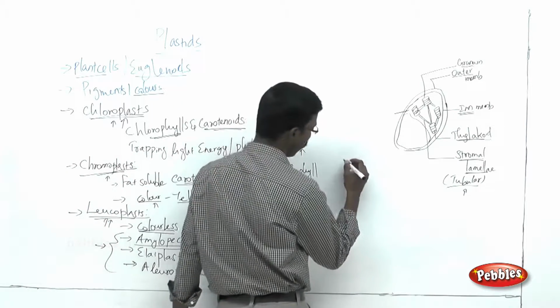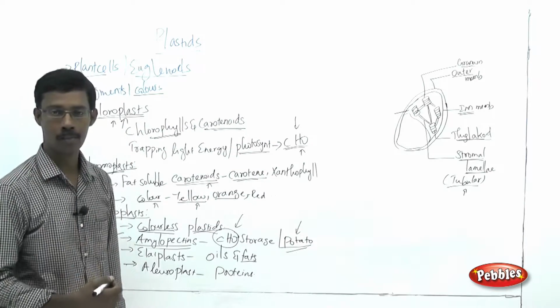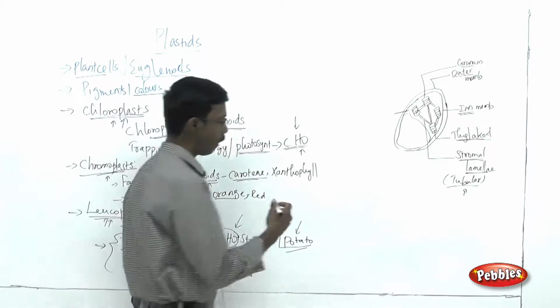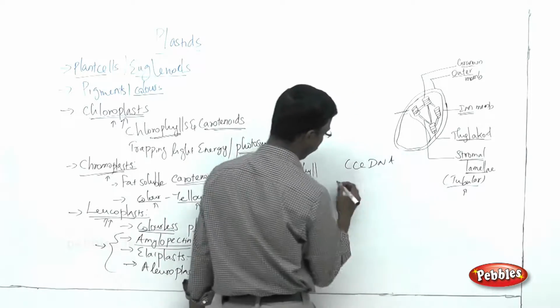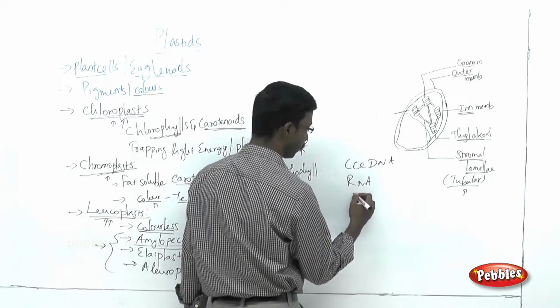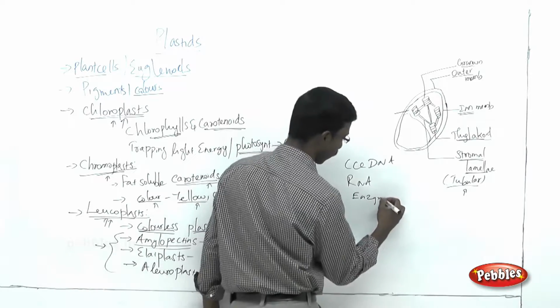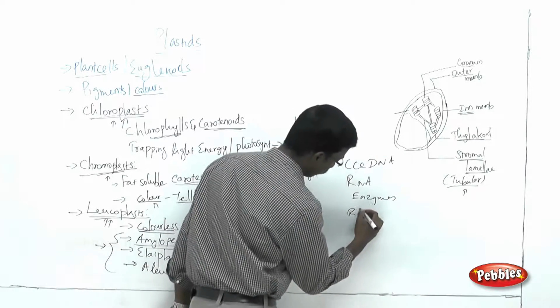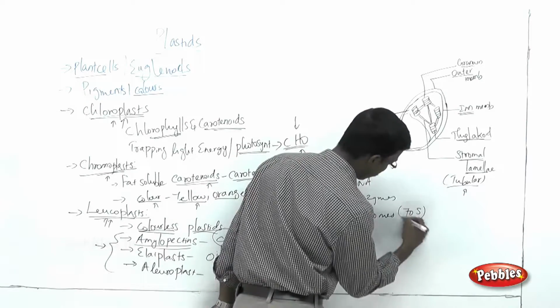Apart from these thylakoids, there are so many macromolecules also present in the stroma. As I told you in the mitochondria, the chloroplasts are also descendants of the bacteria, and they also possess their own covalently closed circular DNA, their own RNA molecules, and their own enzymes. And of course, the unique ribosomes, 70S ribosomes.